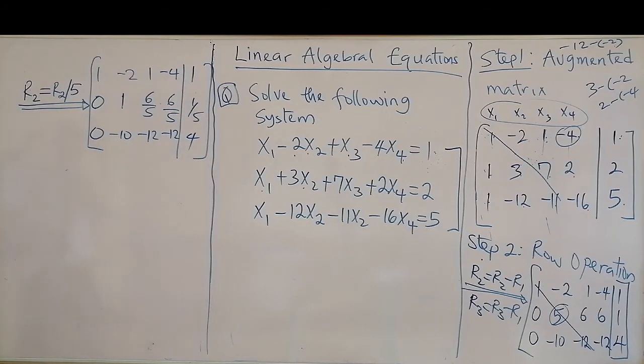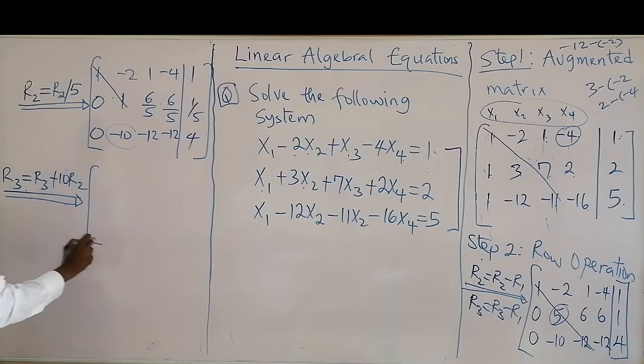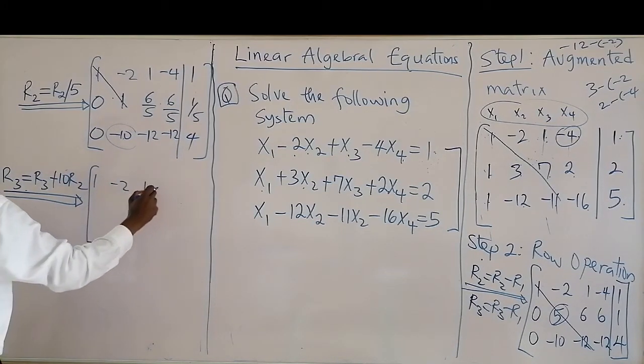Since the diagonal is forming, this is 1, this is 1, we want to see if this place can be 0. So what can we do in that case? Since this one is minus, it will be addition: row 3 is equal to row 3 plus 10 times row 2.